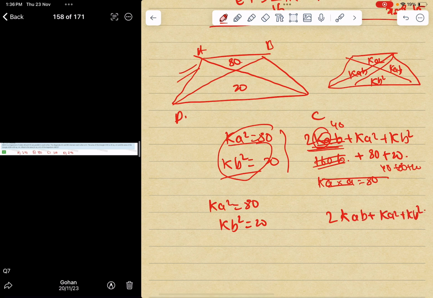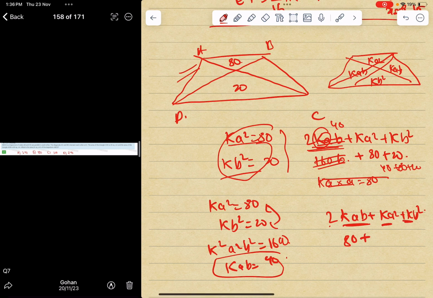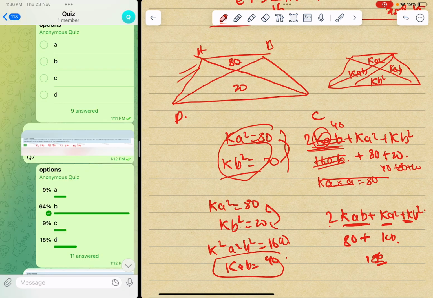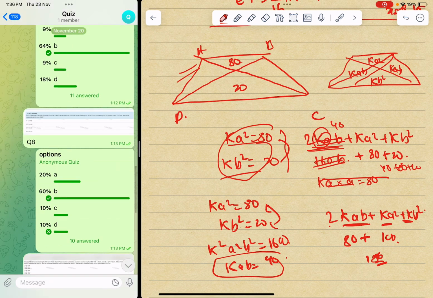Multiplying both, we get K square A square B square equal to 1600, so KAB will be root of that, which is 40. So 2KAB is 80, plus KA square plus KB square which is 100. 100 plus 80, 180 is the answer to this question. B is the answer. Good one, fair chance of coming as well.